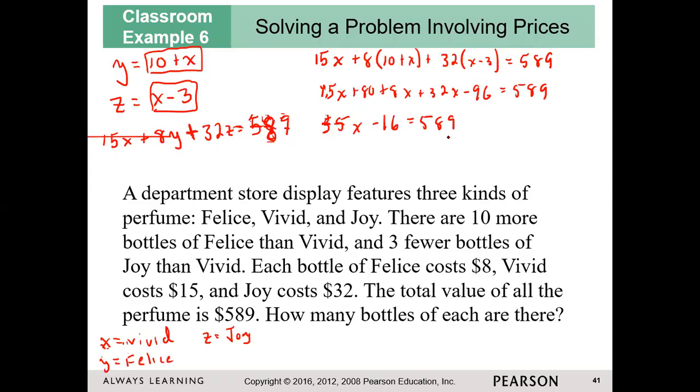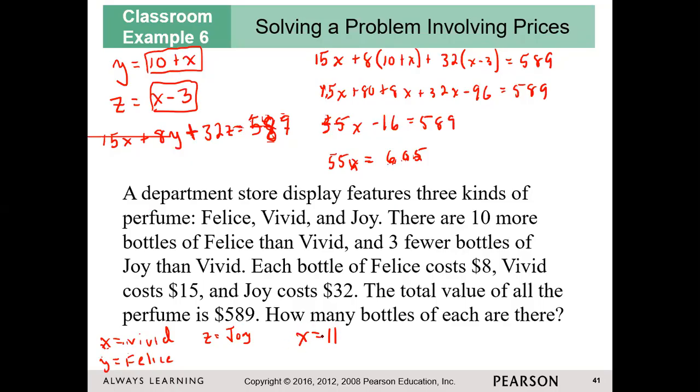So adding 16 to both sides, we've got 55x is equal to 589 plus 16, which is 605. And when you divide 605 by 55, you get 11. So there are 11 bottles of Vivid, okay?